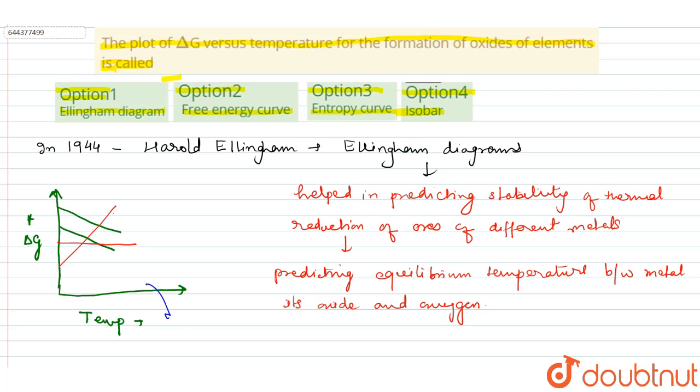So what happened? Lower position of any metal in Ellingham diagram meant more stability of its oxide.